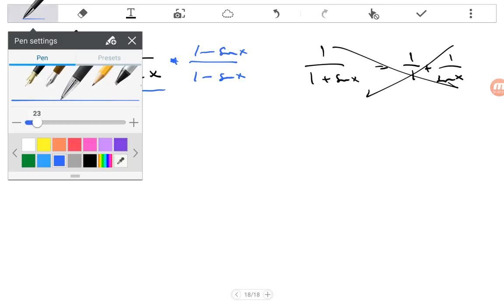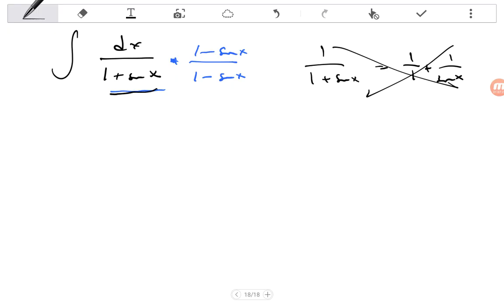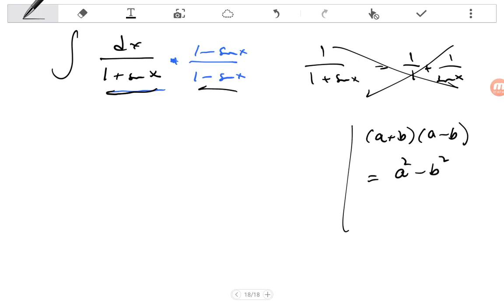But what is the advantage of multiplying a bracket with its conjugate? If I had a plus b times a minus b, what is the result? A squared minus b squared, the difference of squares. This is a known expression. So in this case, 1 plus sine times 1 minus sine will be 1 squared minus sine squared.